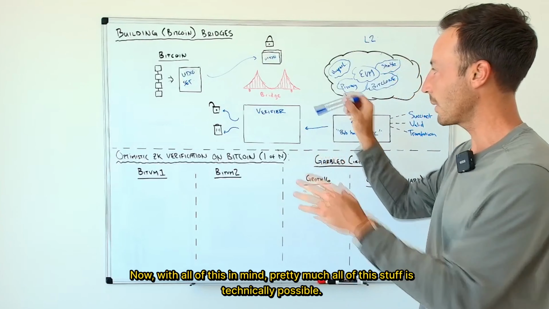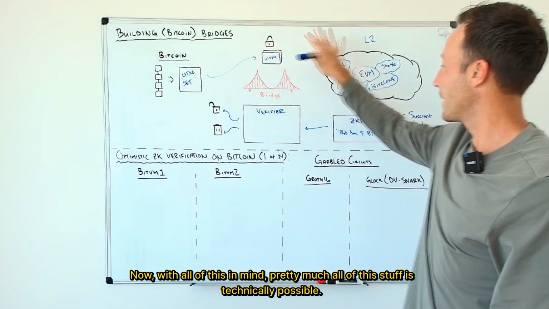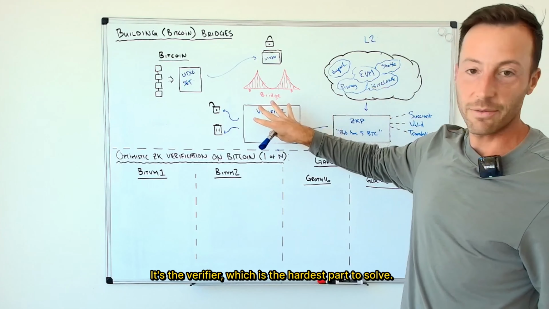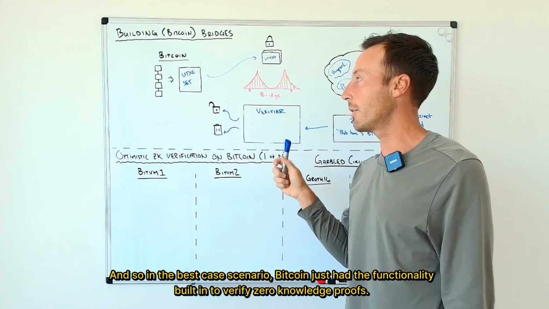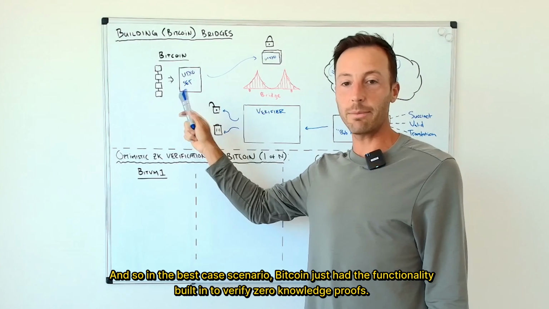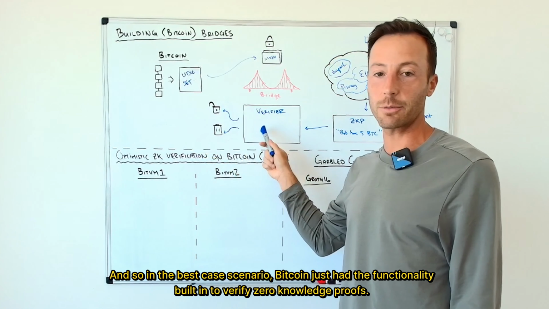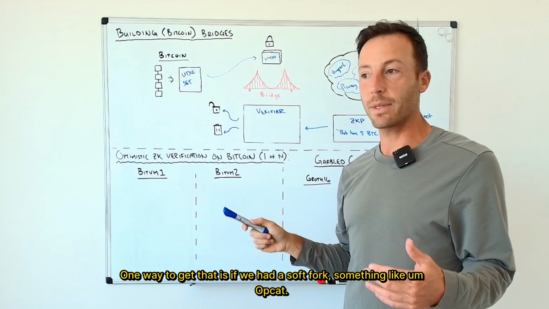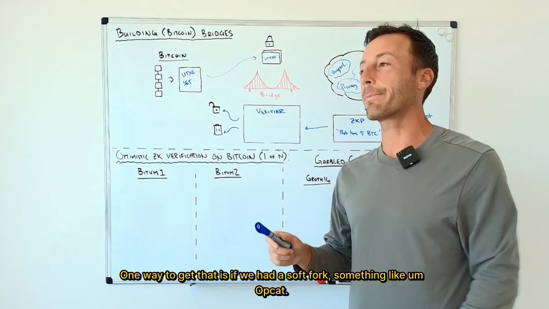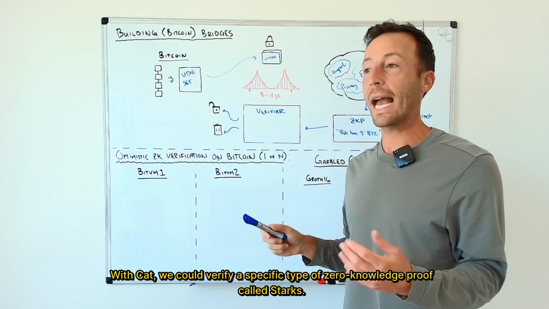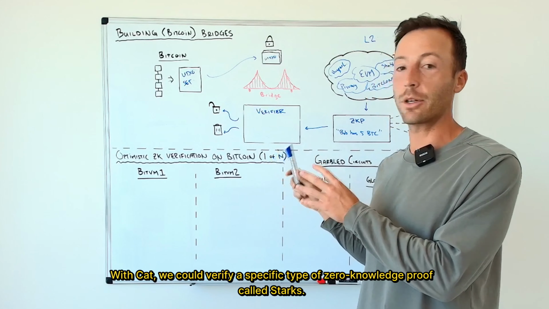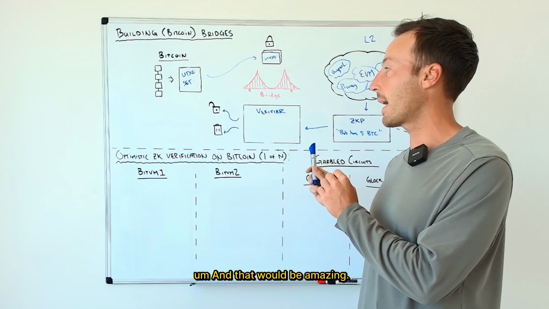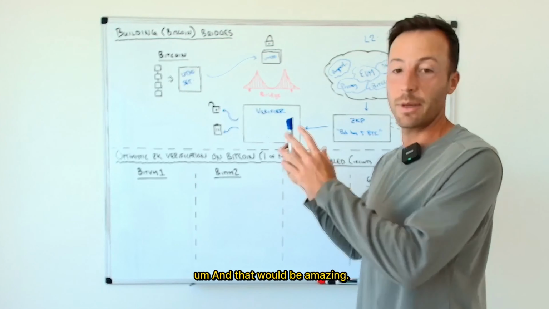Now, with all of this in mind, pretty much all of this stuff is technically possible. It's the verifier which is the hardest part to solve. So in a best case scenario, Bitcoin just had the functionality built in to verify zero knowledge proofs. One way to get that is if we had a soft fork, something like opcat. With cat, we could verify a specific type of zero knowledge proof called Starks, and that would be amazing.